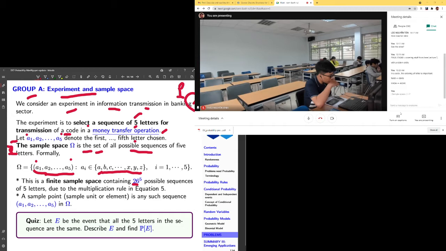By combinatorics, by that rule, you say that for the first position, how many characters in English? 26. You see, this is for the first position in the code.